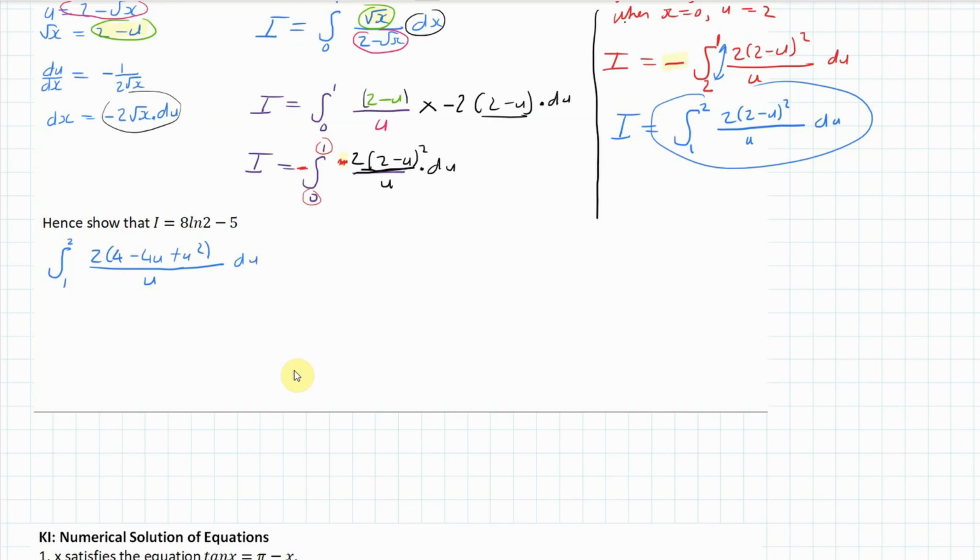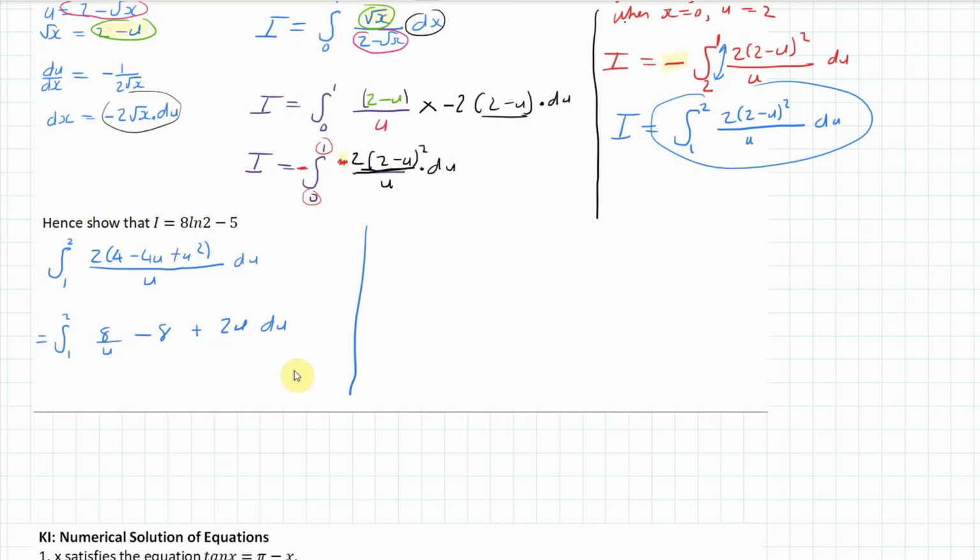And in the next line, we can write that as 8 over u minus 8 plus 2u. Is that right? Yeah, I think so. And then du.